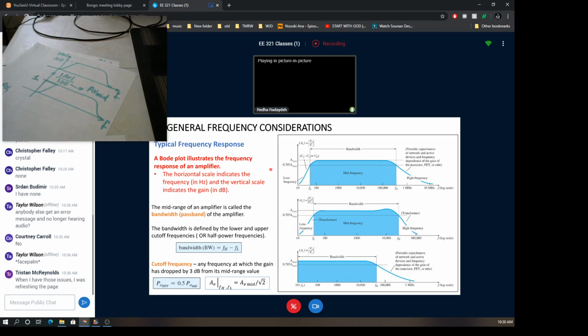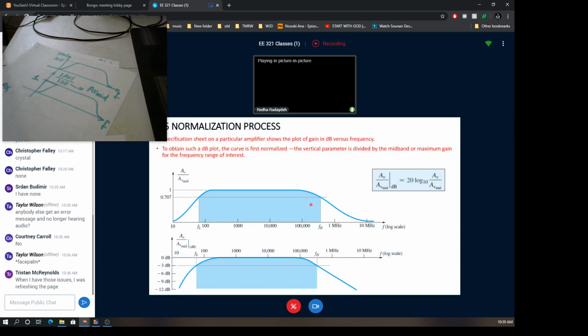Okay. So the normalization is something that would be recommended when you do the plot, to normalize the y-axis by the maximum value of the gain provided by the amplifier. But if you don't do so, it should be fine also, because that normalization helps us to reduce the size of a sketch.